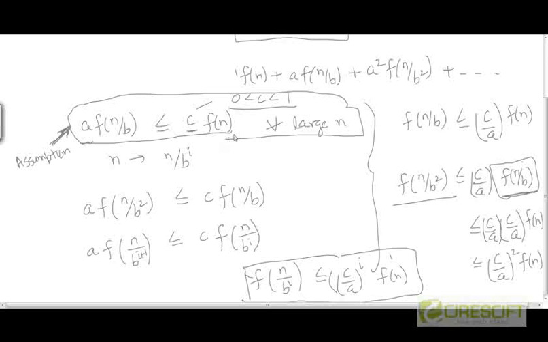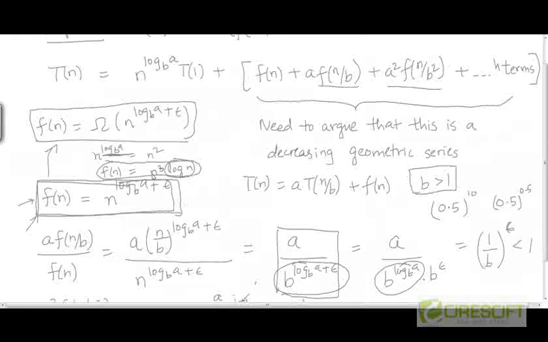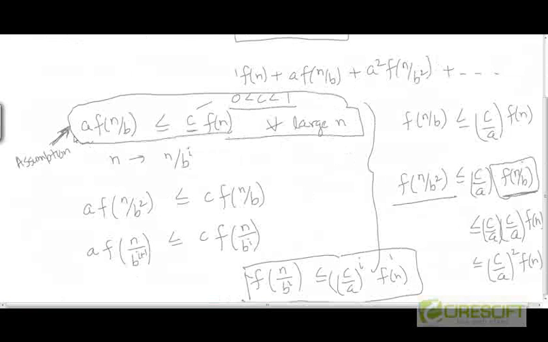So if you want to use master theorem in that particular circumstance, you not only need to show that something like n cube times log of n is polynomially larger than n square, you also need to show that this inequality holds for that particular form of f of n.